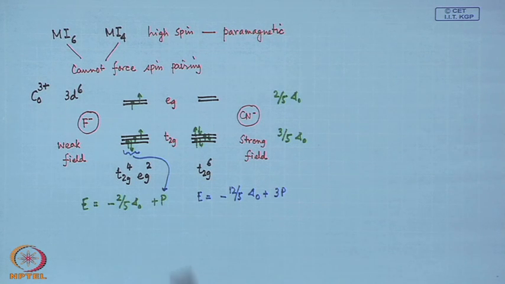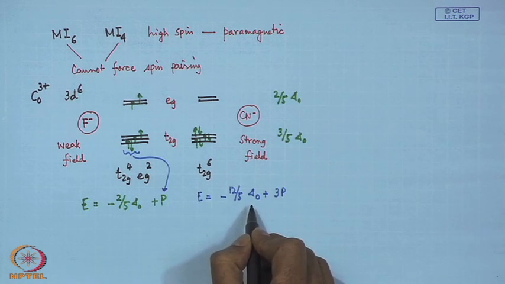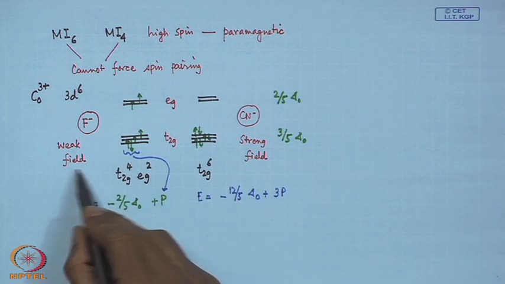So, this is the situation for a weak crystal field. This will be the balance between the pairing energy and the splitting.